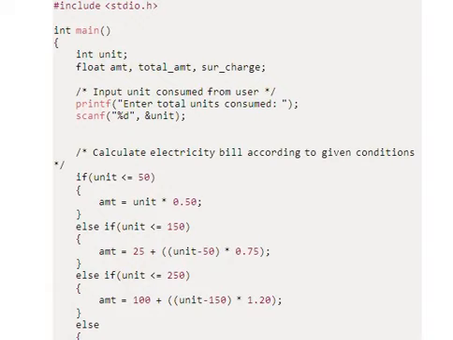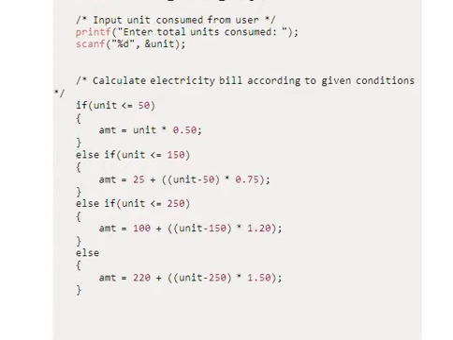So 25 plus the excess of 50 at 0.75. What is 25 here? Up to 50 units it is 0.50, which is nothing but 25. Similarly we have up to 250, and otherwise it is 220 plus and so on. You need to make some calculation here and go through everything, and check what exactly that 100 and that 220 are.